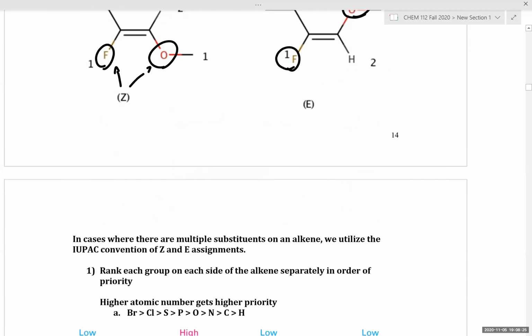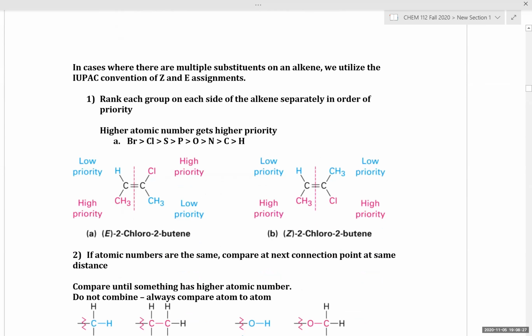Okay, so let's keep going now. In cases where there are multiple substituents and we're utilizing the IUPAC convention, let's delve into this ranking system. You rank each group on each side of the alkene separately in order of priority, where atomic number dictates which groups are higher priority.